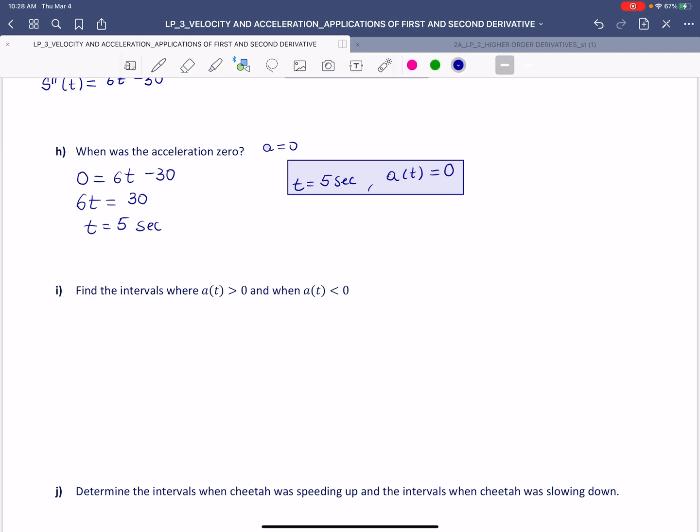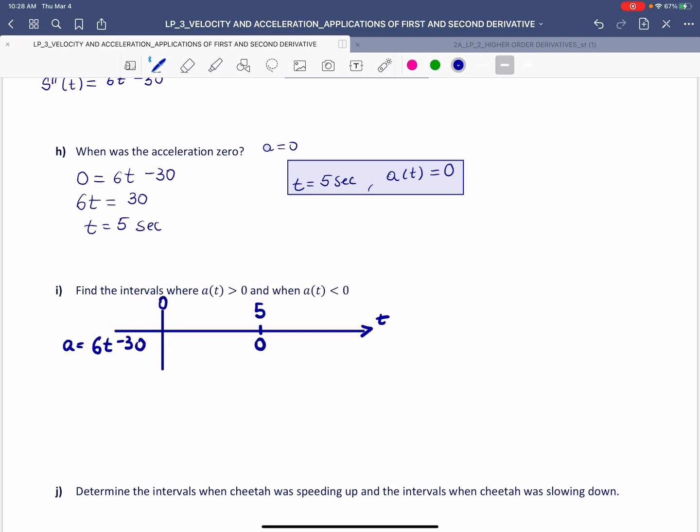Obviously we can define this very easily because it's a linear relation, but I will create a chart for myself because I like to keep things organized and add meaning to whatever we are working on. So this would be time equals 0, time equals infinity. And we have only one 0 for acceleration, and that is at 5 seconds. So acceleration, which is represented by 6t minus 30, is 0 at 5 seconds.